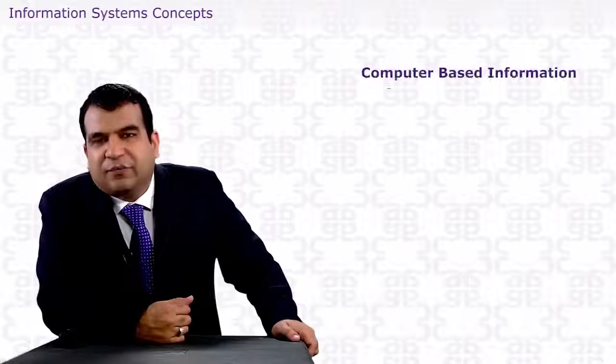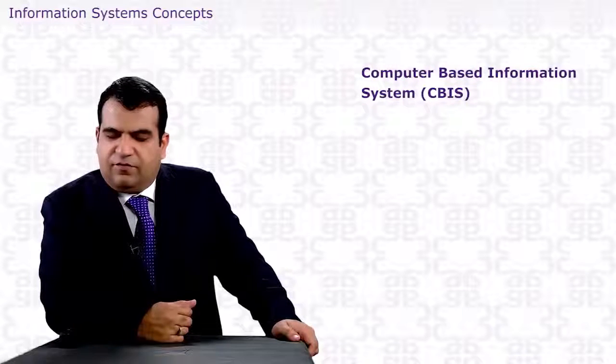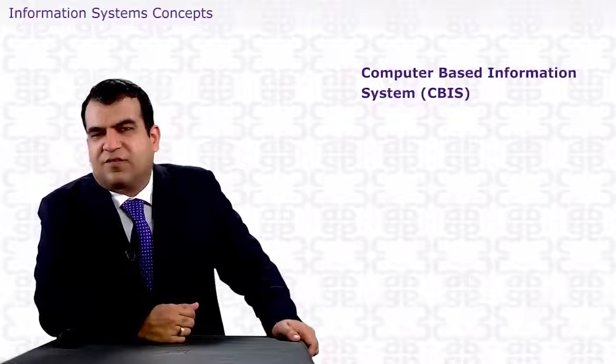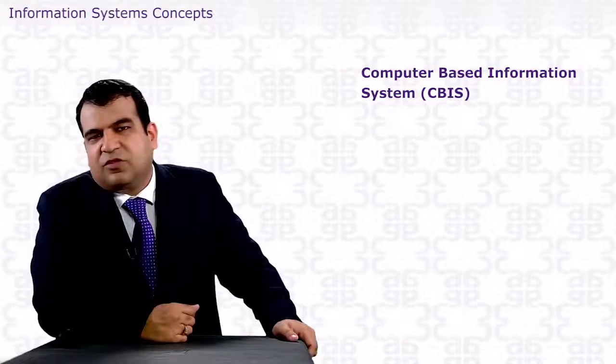After we have understood system, information, and information system, the next term which comes into light is computer based information system. We are not saying that information systems can only be computerized. There have been manual information systems also.